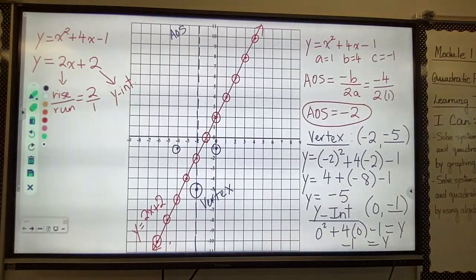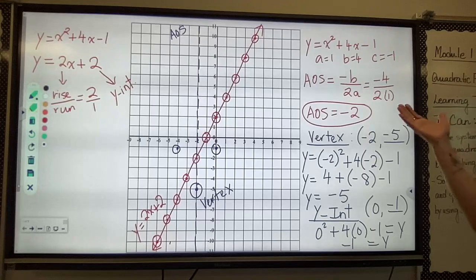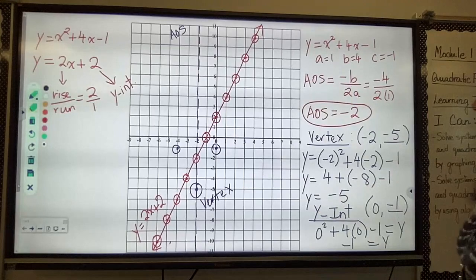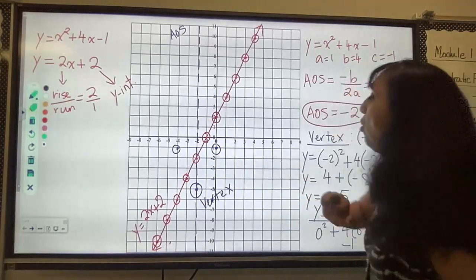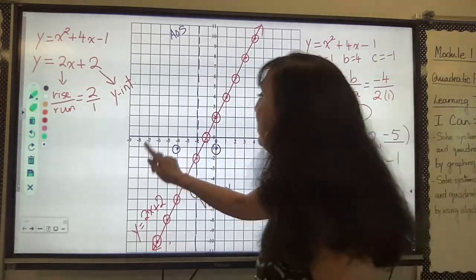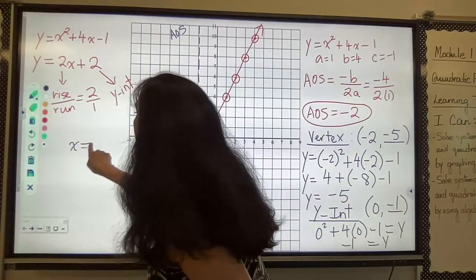All right? And then the next thing, I am going to use another point to find more points on this parabola. So since this is 0, let me find what happens when I say x is equal to 1.